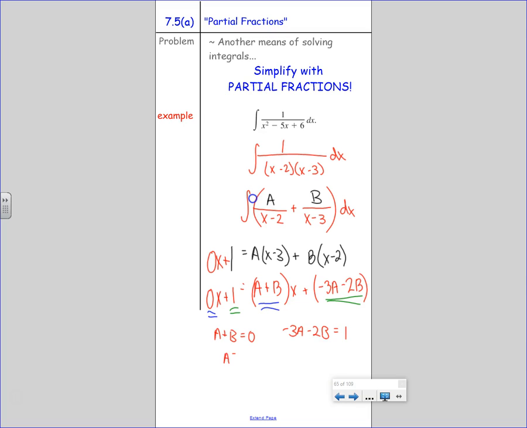I can solve that a is equal to negative b. So I can go ahead and plug in 3b. Oh, 3 times 0, sorry, 3 times 0 plus 1. b has to equal 1. 3b minus 2b is 1b. 1b equals 1, then b equals 1. If b equals 1, then a has to equal negative 1. And why does that make all the difference?